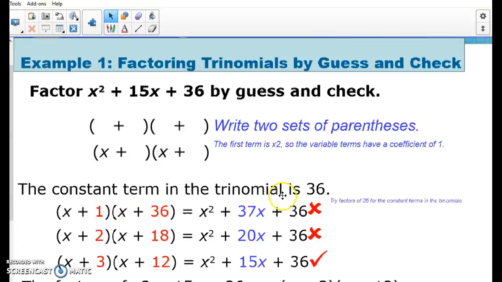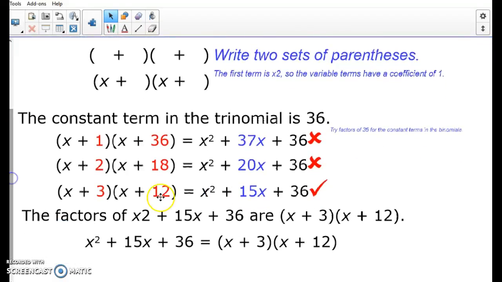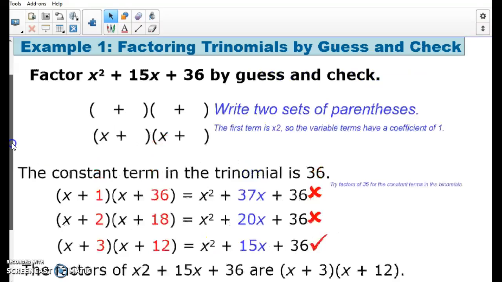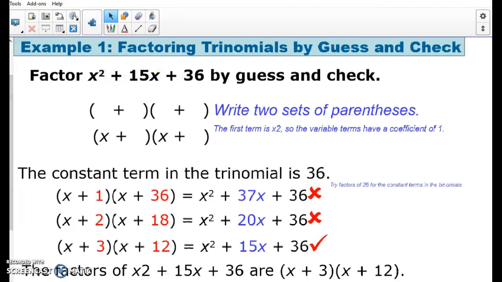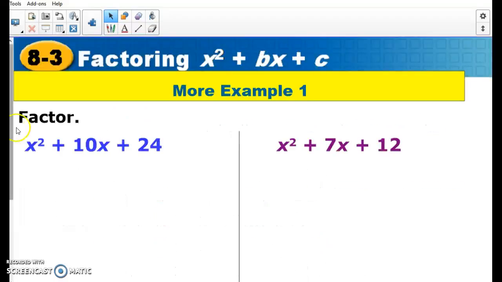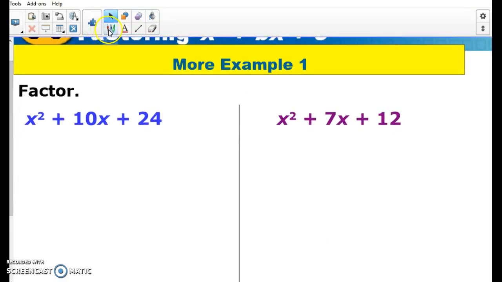So 1 times 36, yep, they multiply to 36, but you add them, you get 37. 2 times 18, multiply to 36, but when you add them, you get 20. 3 times 12, multiply them to get 36, and add them to get 15. So then you know the set of parentheses is going to be x plus 3 and x plus 12. And those signs will change depending on what the signs of the problems are, but basically that's what we're going to be doing.